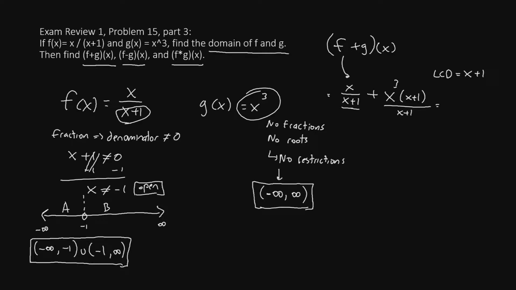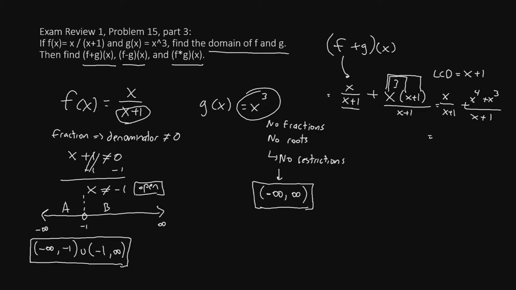Before we do that, let's multiply the x to the third times both of the terms inside the parentheses. We will have first x over x plus 1 for the first fraction, plus x to the third times x, which is x to the fourth, and then x to the third times 1 is x to the third, also over x plus 1.